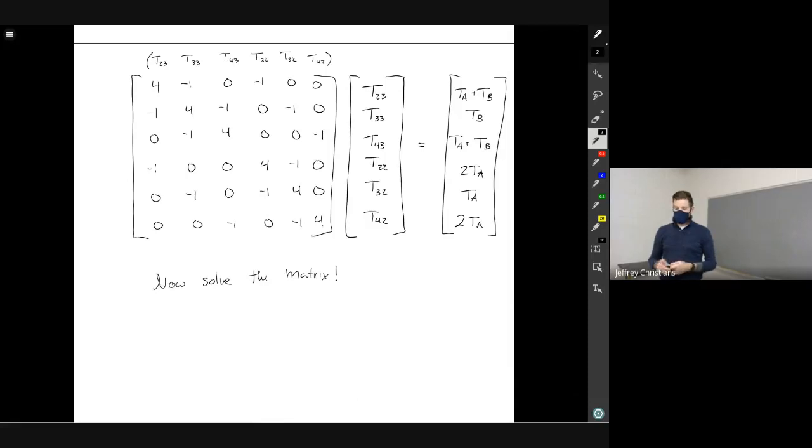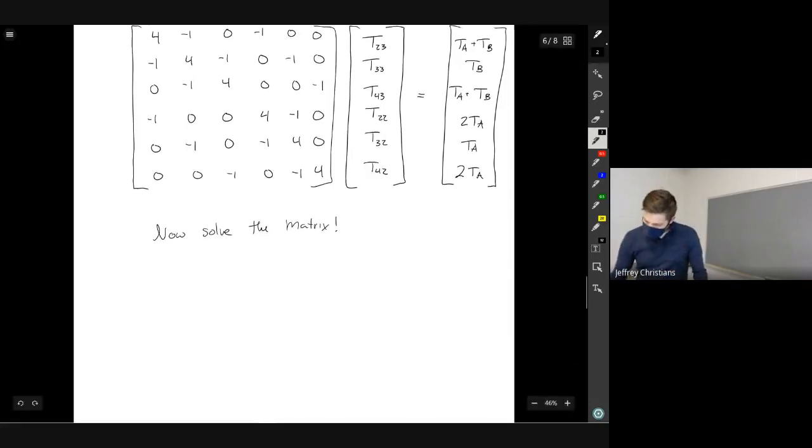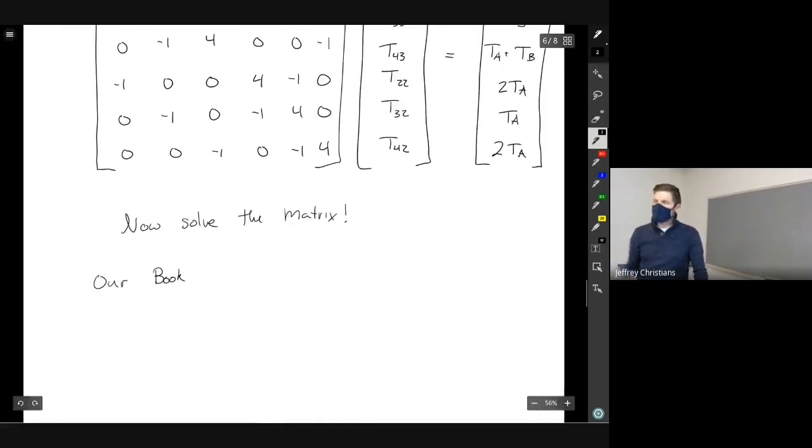If you're interested in that, I would at least flip to it. I think it's interesting to scroll through it for 2 minutes and go, huh, okay, and then close it. Our book shows the Gauss-Seidel method.